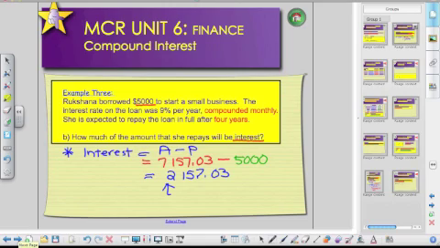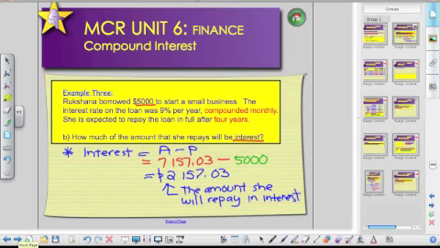So this is the amount she will repay in interest.